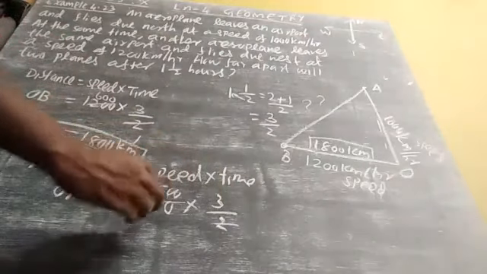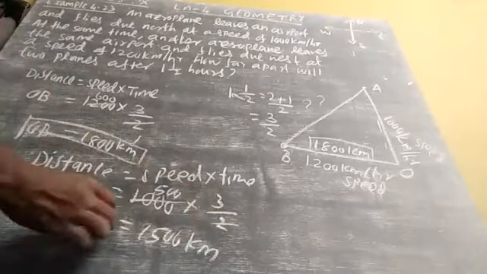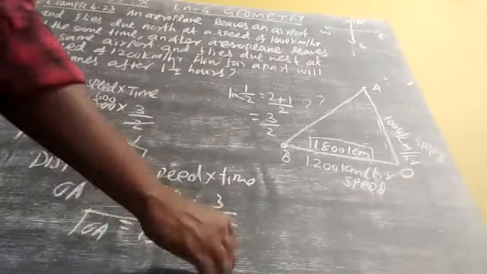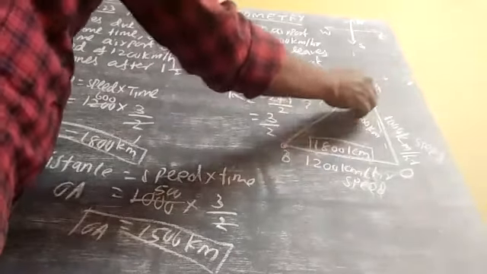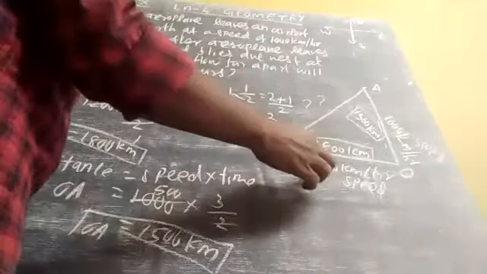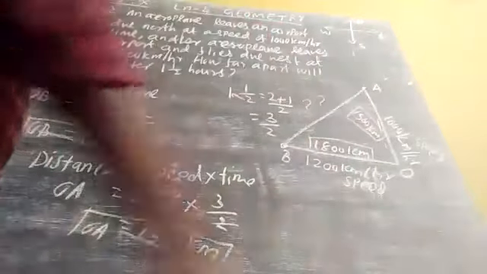So 500 into 3, answer 1500 kilometres. This is OA. In many exams they take 1000 wrongly. That is wrong. This is the correct answer.